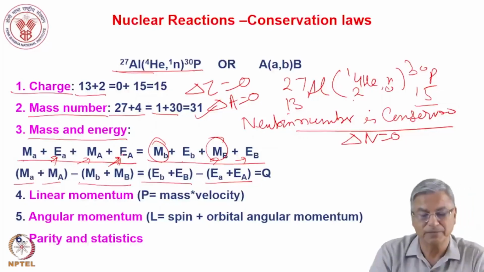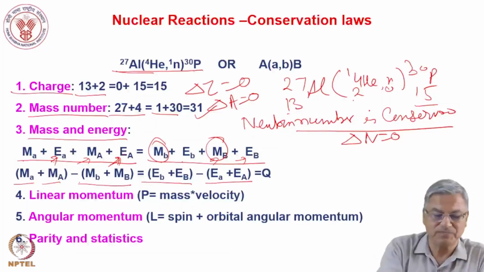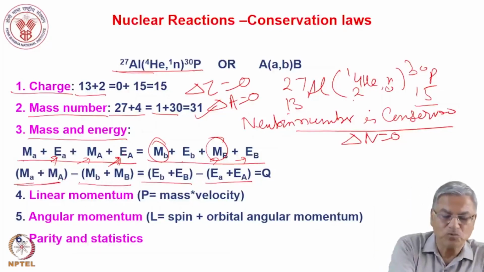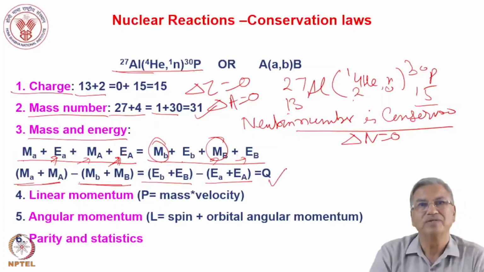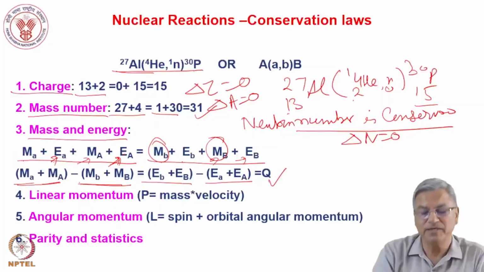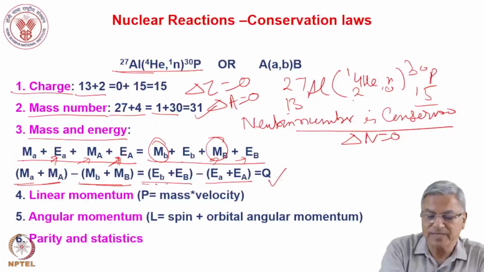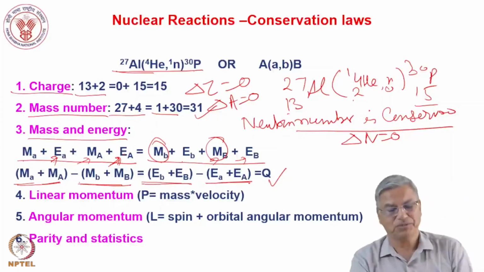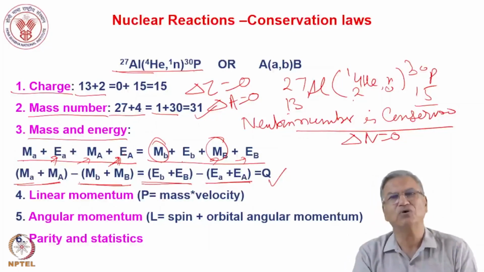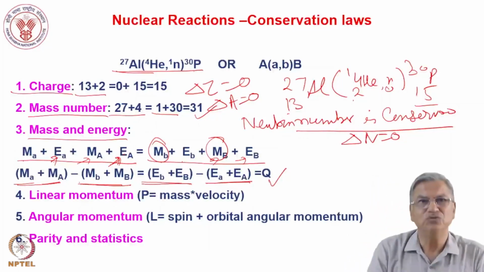And so this quantity, the difference in the masses of reactant minus product, is called the Q value. And Q value can also be defined in terms of the difference in the kinetic energy of products minus that of the reactants. This Q value is called the energy of a nuclear reaction.